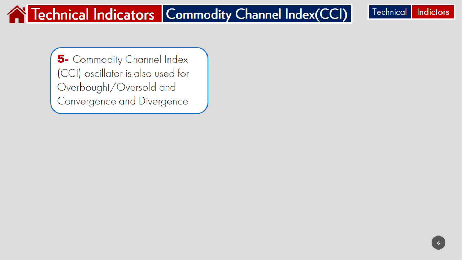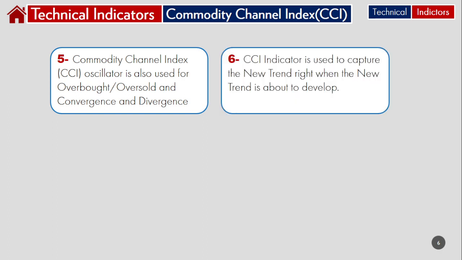Number five, this oscillator is used for overbought and oversold and convergence and divergence, as we have discussed in other technical indicators. Number six, CCI is a specific indicator which is used to capture when the new trend is going to develop, and we pick that trend right at that point.